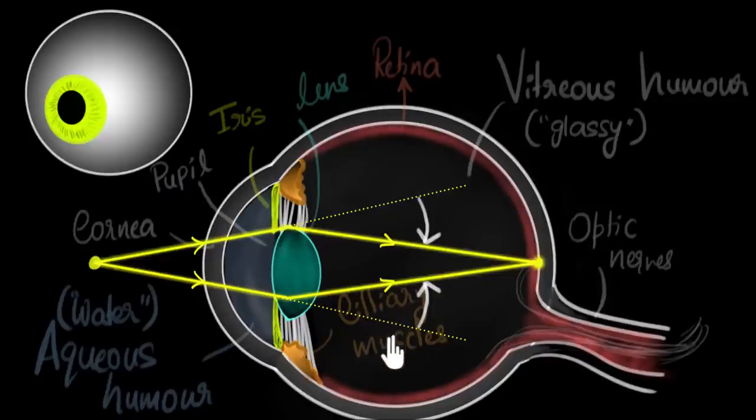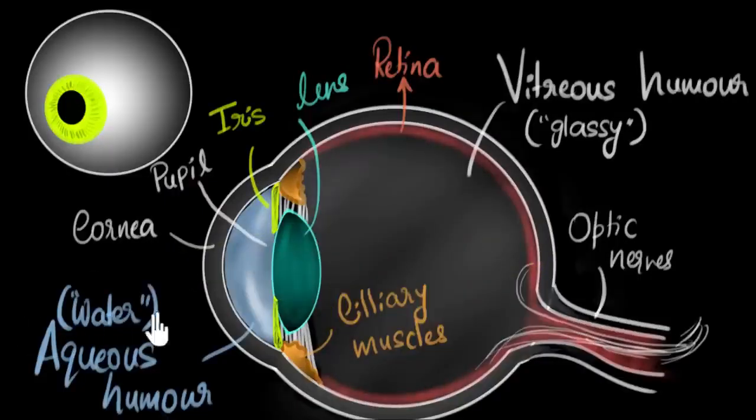And that is done by these ciliary muscles. And this phenomenon where ciliary muscles change the power of the eyes by changing the shape of the lens is called accommodation. So that's their job. Their job is to perform accommodation. And by the way, we're going to look at accommodation in great detail in a future video. All right, so don't worry too much about this accommodation as of now.